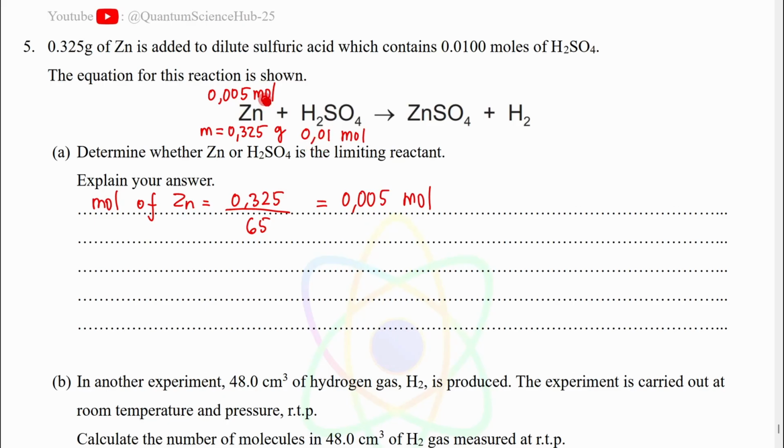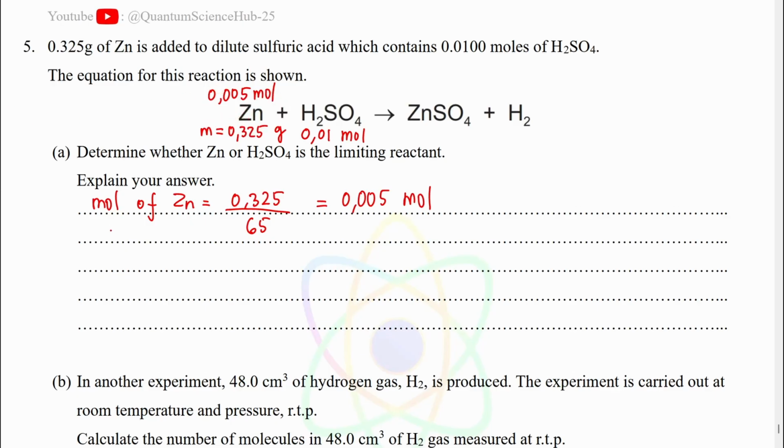So that's why I can use Zn as the limiting reactant. But if you are using H2SO4 as the limiting reactant, that means you have 0.01 mole, and you also need 0.01 mole for Zn. But in this case, you only have 0.005 mole. So that is not enough. And that's why we use Zn as the limiting reactant.